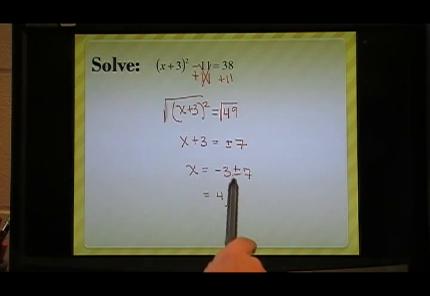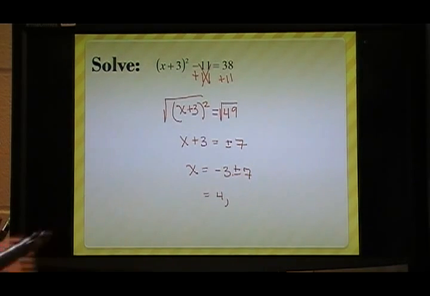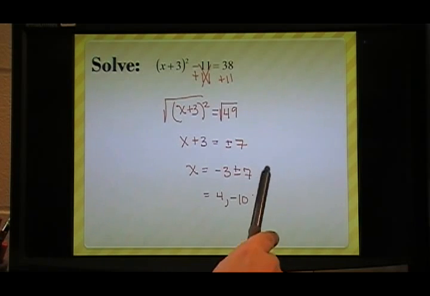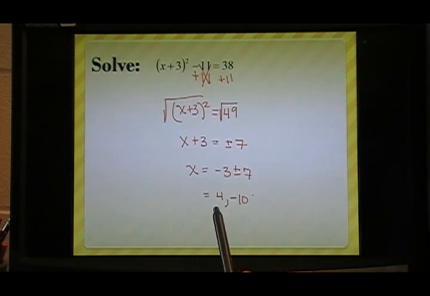The other solution is negative 3 minus 7, or negative 10. So no i's or roots here. You can do that math and come up with your solution set. So 4 is a solution, as is negative 10.